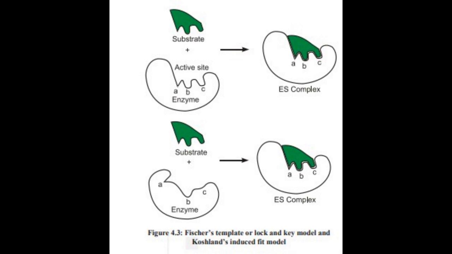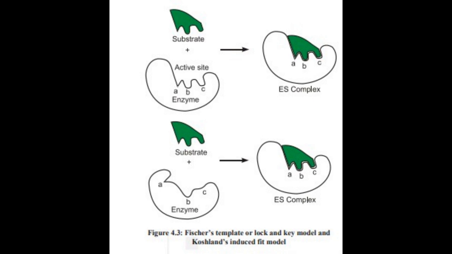Koshland's induced fit model. This model considers a flexibility in the three-dimensional conformation of the catalytic site. According to this model, despite having the required amino acids, the catalytic site of the enzyme does not possess the conformation complementary to the substrate in absence of the substrate molecule.